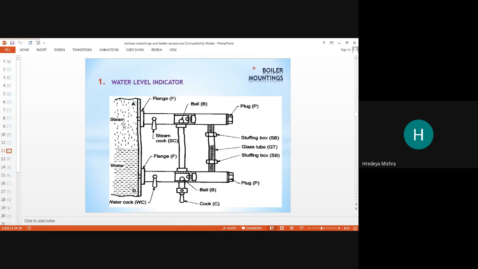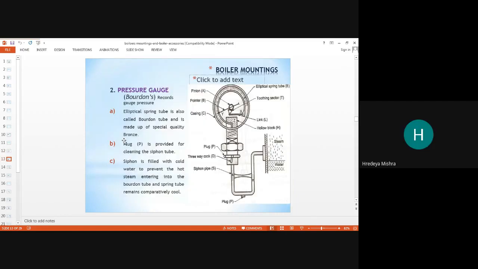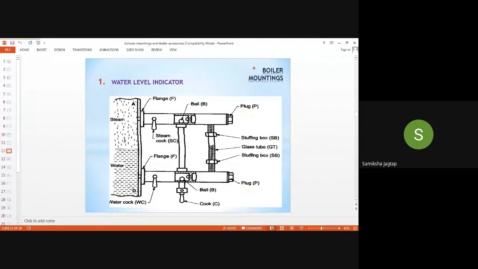These two balls indicate whether sufficient water level is available in the boiler or not. We can also see the working of it.